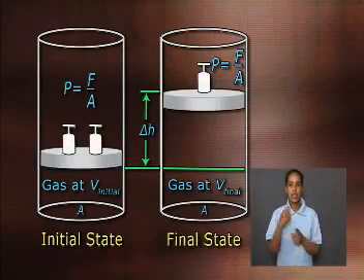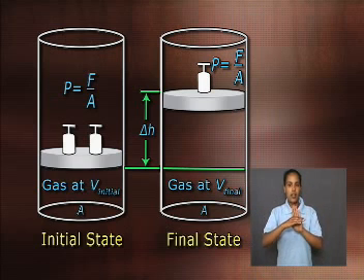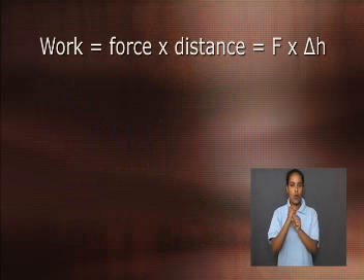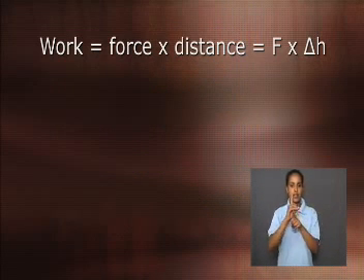The term work is defined as a force that is applied over a given distance. Thus, if the piston moves a certain distance, which is represented as delta H here, then we can create the following formula for the magnitude of the work. Work is equal to force times distance.